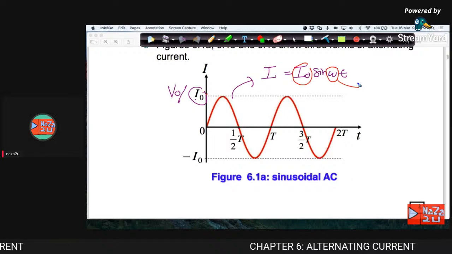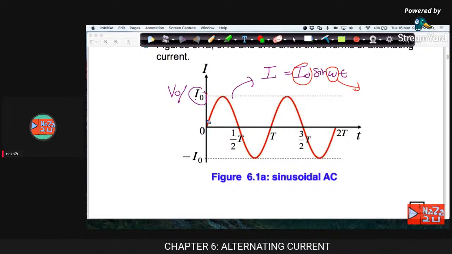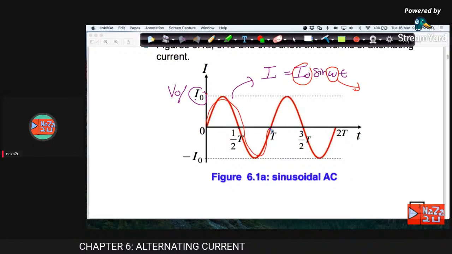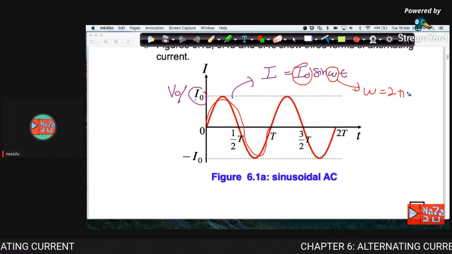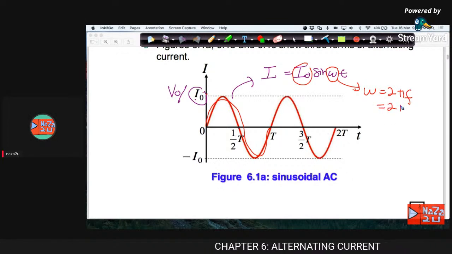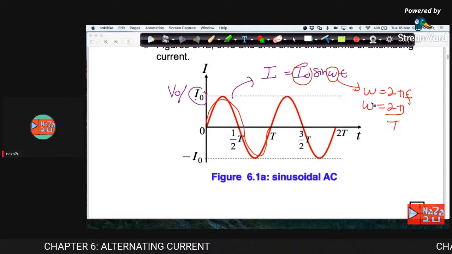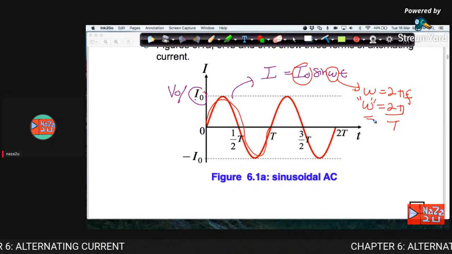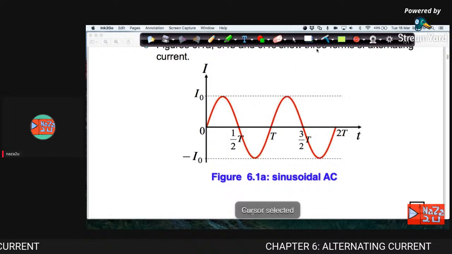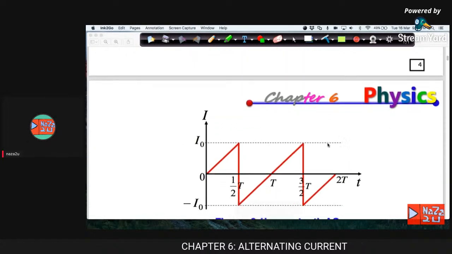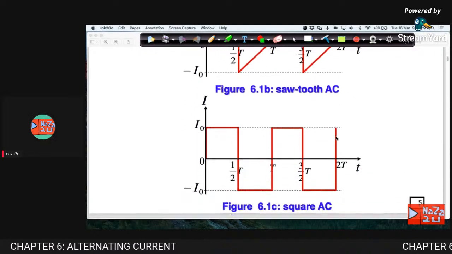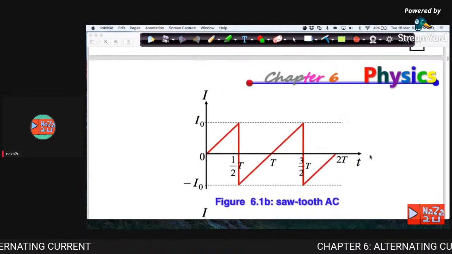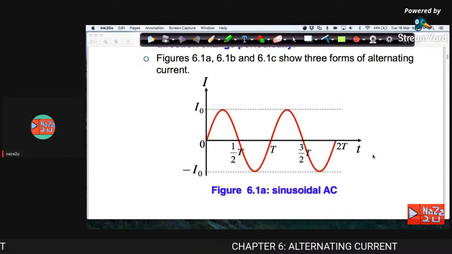Omega dia merujuk kepada, kalau kita nak cari nilai daripada graf ini, so kita tengoklah berapa dia punya nilai period T. Because kita tahu omega adalah 2 pi F ataupun 2 pi over T because F is 1 over T. This is how to calculate the omega or angular frequency. Right? Ataupun di sini sebenarnya sama juga graf dia ni AC ataupun square, tapi biasa kita rujuk kepada ni lah, okay, sinusoidal graph. Alright.